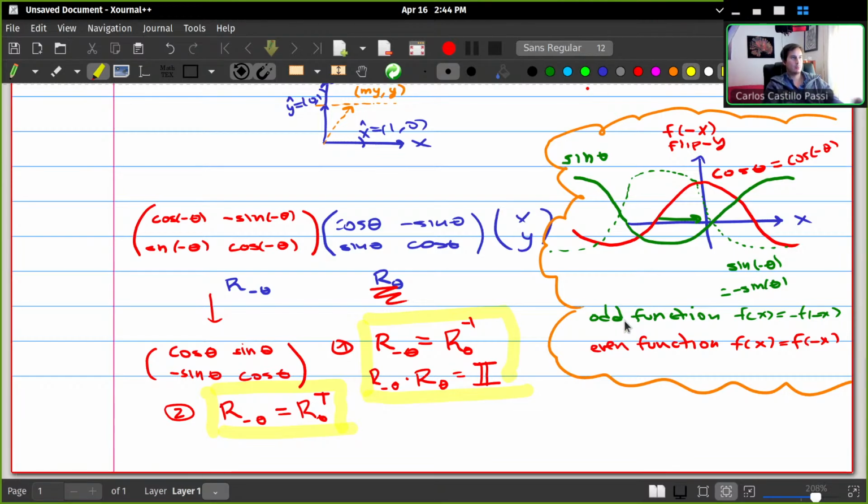Even in Spanish is par, odd is impar. That's the meaning of those words. And transpose is transponer.